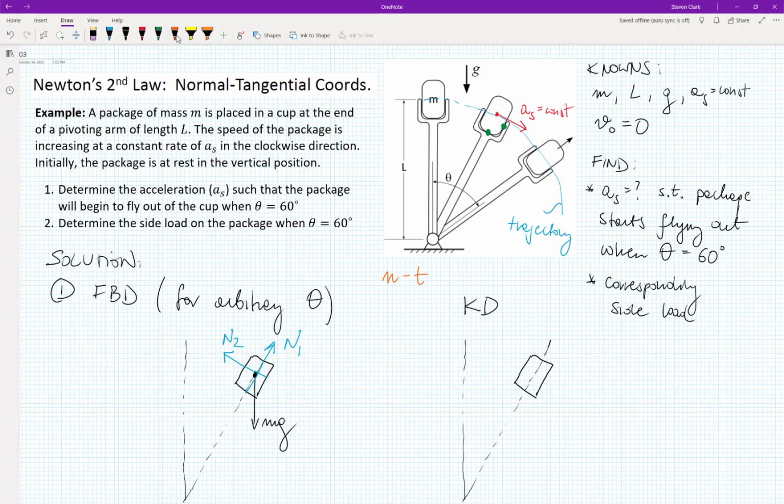Since this is our trajectory, I believe that UT will be pointing this way, and UN will be pointing this way.